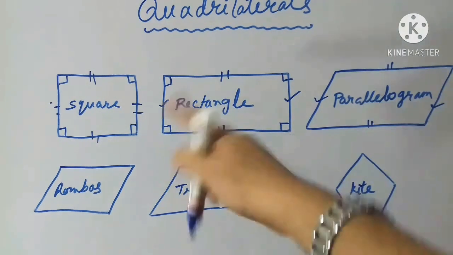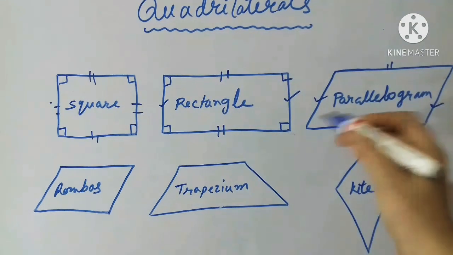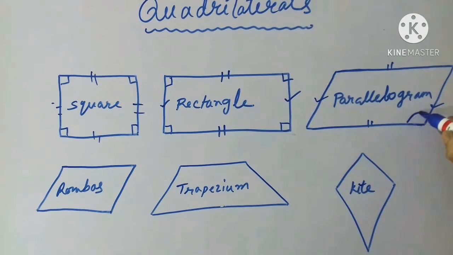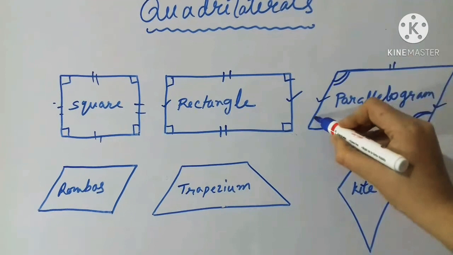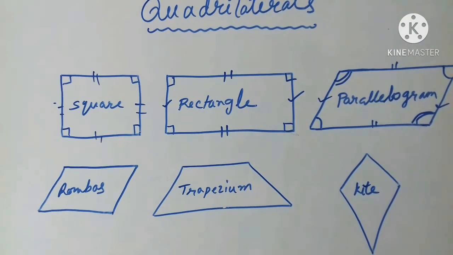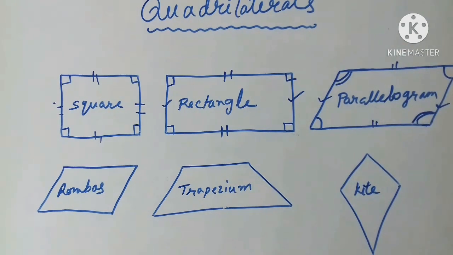For square and rectangle all angles are right angle, means 90 degree, but for parallelogram any angle is not right angle but opposite angles are equal, means this angle is equal to this angle and this angle is equal to this angle, means opposite angles are equal and opposite sides are equal. That is the basic characteristics of parallelogram.